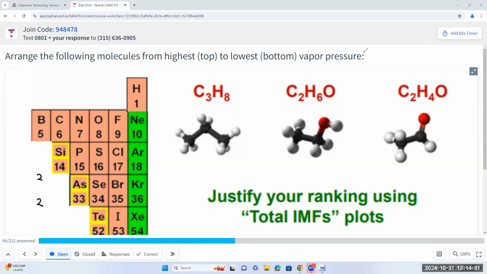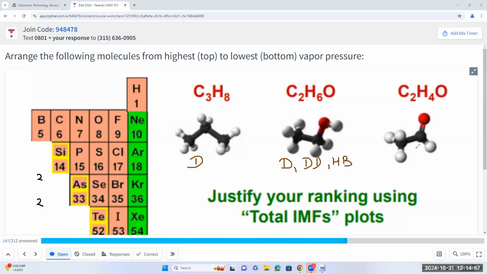For the sake of time, I'm going to really quickly mention the answer. C3H8 is a non-polar molecule, therefore it will only have dispersion forces. C2H6O is a polar molecule with hydrogen covalently bonded to oxygen, therefore it will have dispersion, dipole-dipole, and hydrogen bonding.